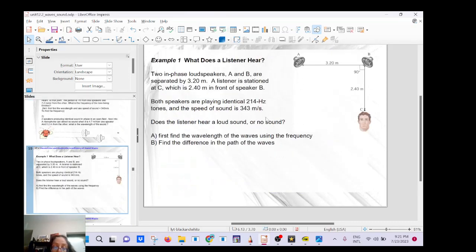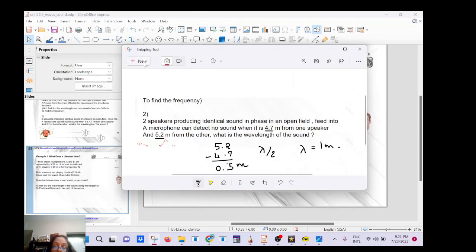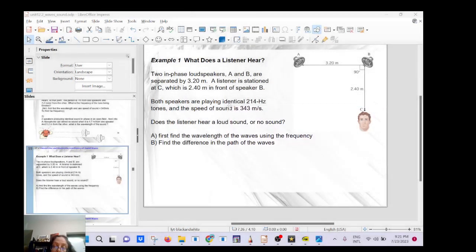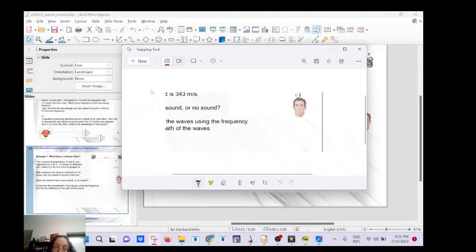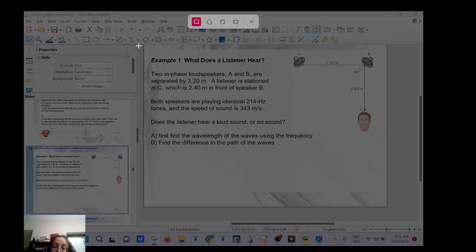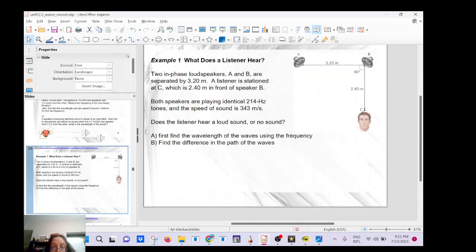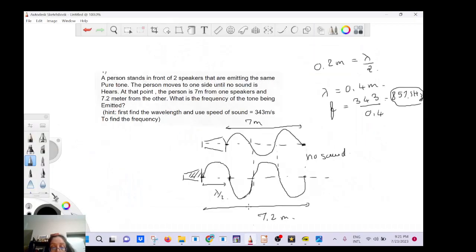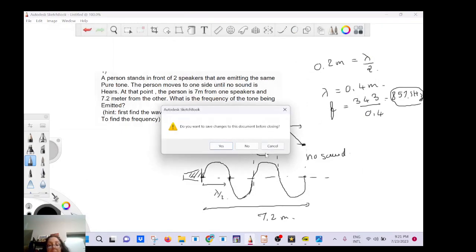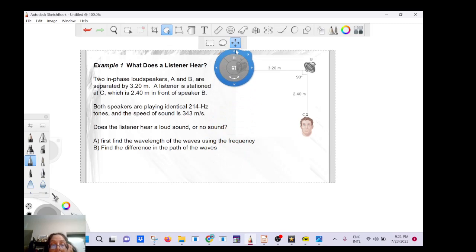So this one, you can pause the video and try to do it. You have 2 speakers, and it's a slide from Johnson and Cutnell again.